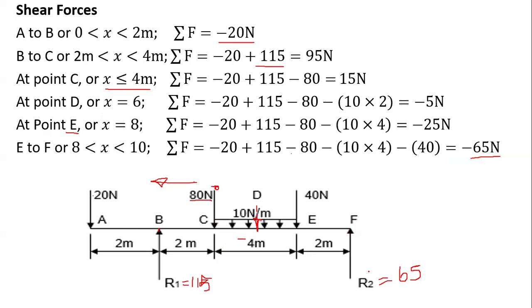And it's negative, although we know our reaction towards positive was 65 acting upwards. But that is the way the sign convention is. If someone had to start calculating from the right going to the left, he will reproduce these same answers, because the sign convention will be the other way around, but reproducing these values as they are. So that is your 65.